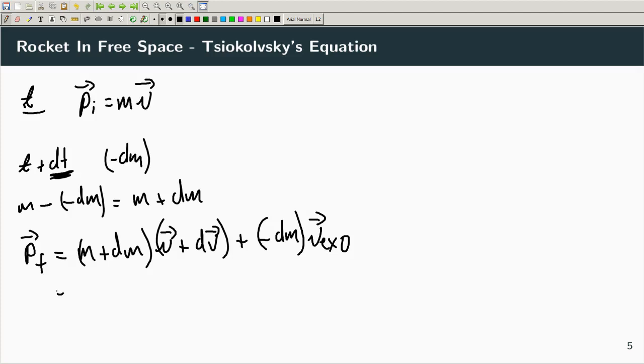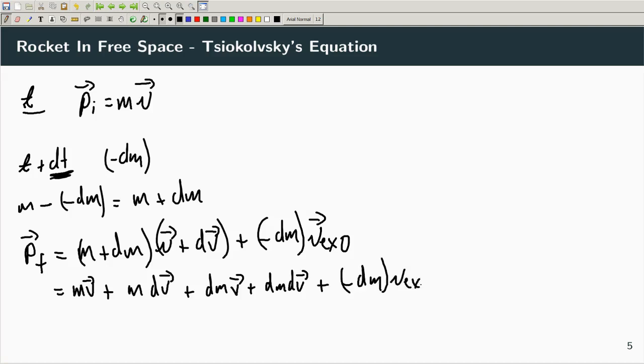So we can then expand this, plus dm, plus a negative dm vexo.